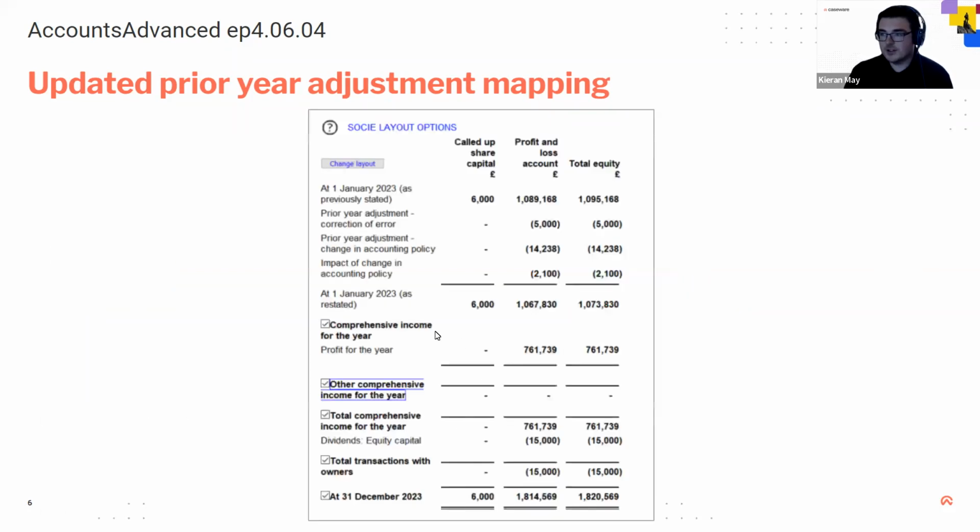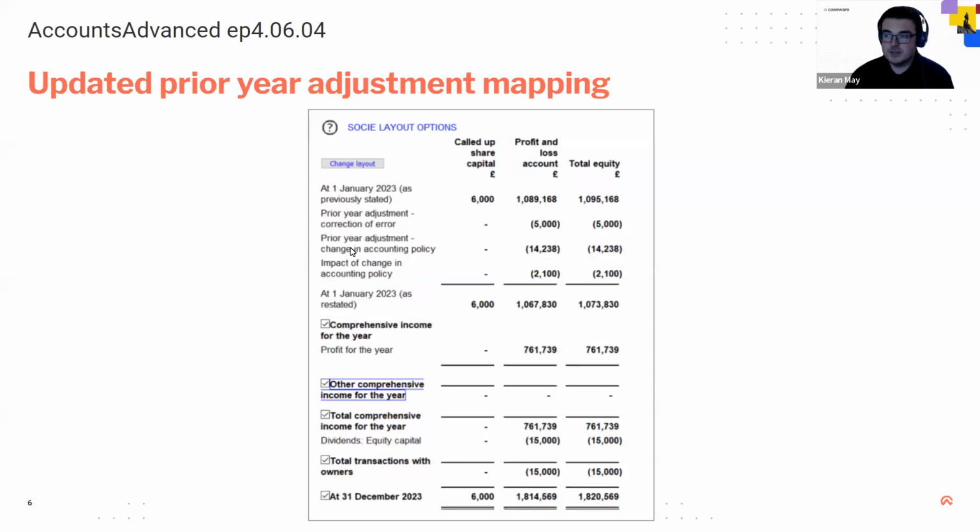From this SOCI extract, we just use the figures that I've got from that assign mapping screen. We can see how the profit and loss reserves adjustments are separated above the comprehensive income for the year section. So as we can see, we've got the prior year adjustment for correction of errors. That's coming through from H03.49.0050.